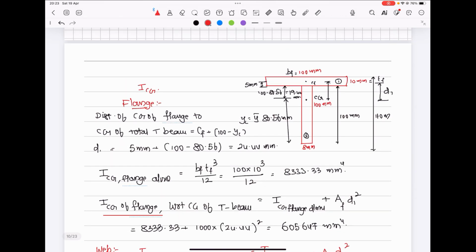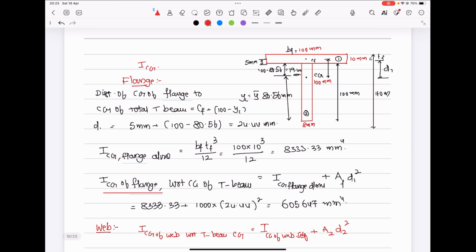This is D1. Now, from here, what is the center of gravity of web? Center of gravity of web will be here. This is center of gravity of web. This is at a distance of 50 mm because it is at HW by 2.